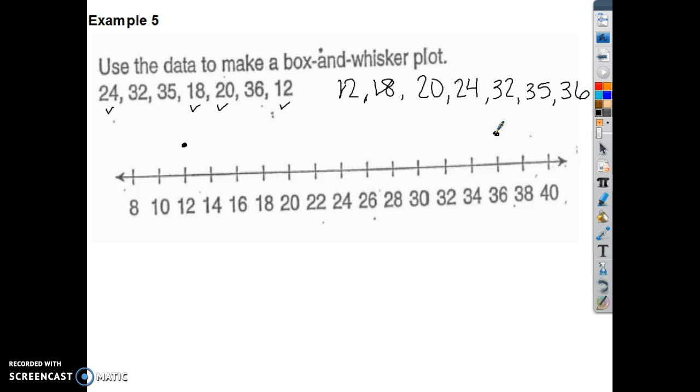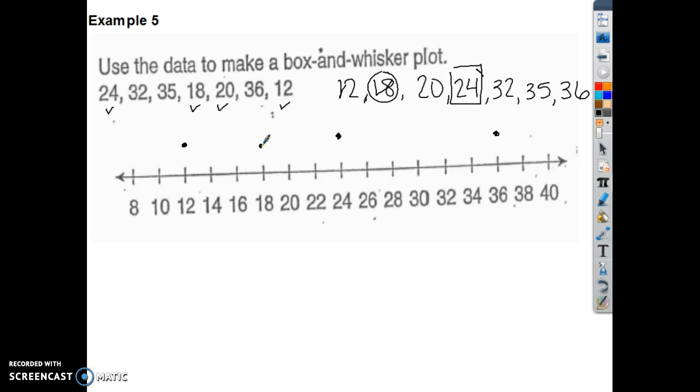We have 1, 2, 3, 4, 5, 6, 7 numbers. So we find the middle number, which is 24. This is our median. We can go ahead and plot that point. Now we find the median of the lower half of the data for our lower quartile, or our Q1. Our middle number is 18, so that is my lower quartile.